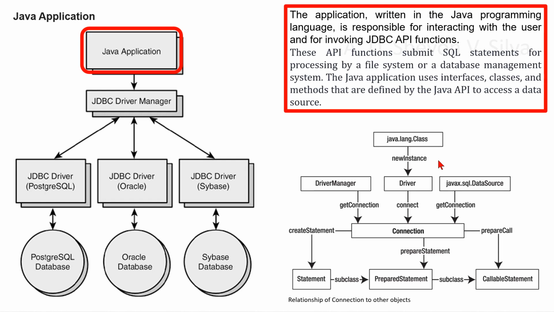Every array also belongs to a class that is reflected as a Class object that is shared by all arrays with the same element type and number of dimensions. The primitive data types boolean, byte, char, short, int, long, float, and double, and the keyword void are also represented as Class objects.